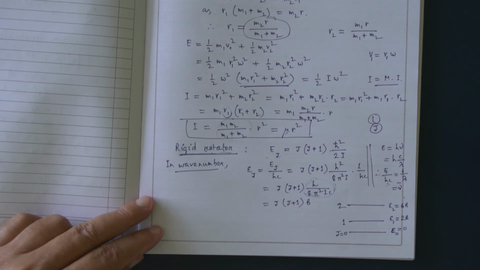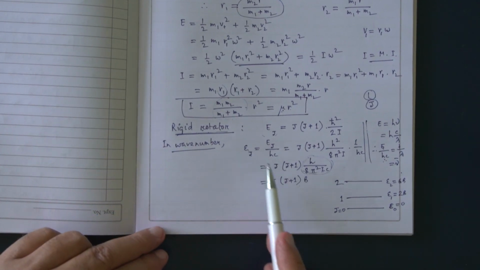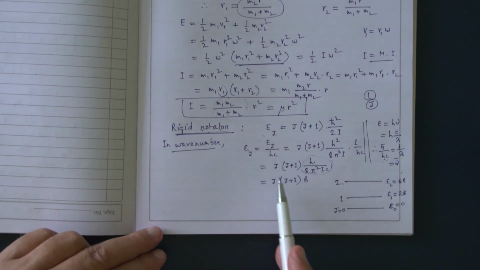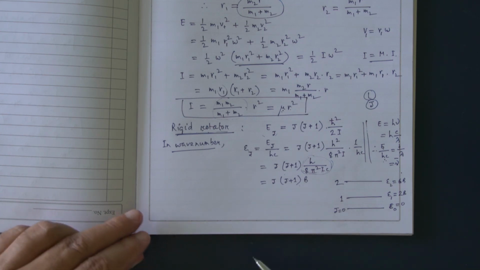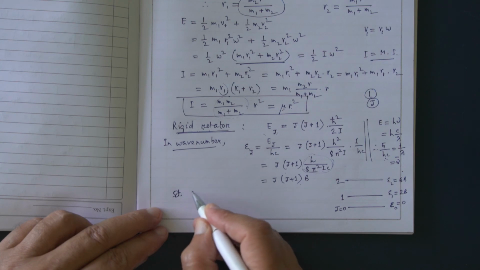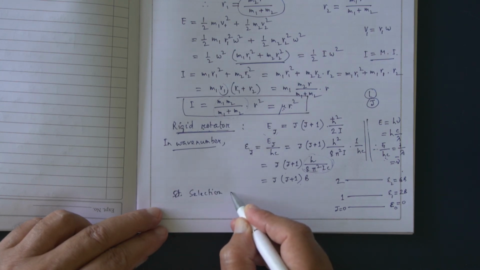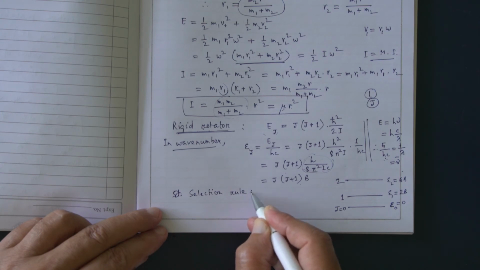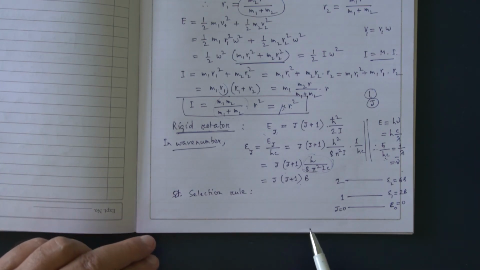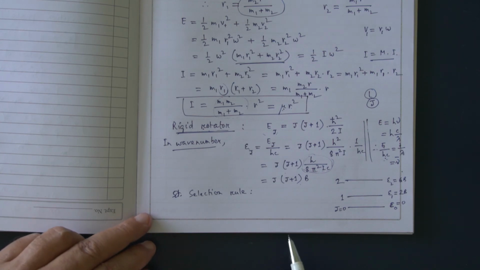So in spectroscopy, we basically need two things. One is the energy expression. After that, we need the selection rule. Why do we need the selection rule? Because from the selection rule, we will know which transitions are allowed.